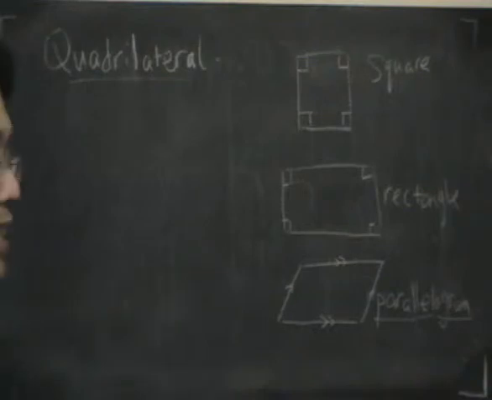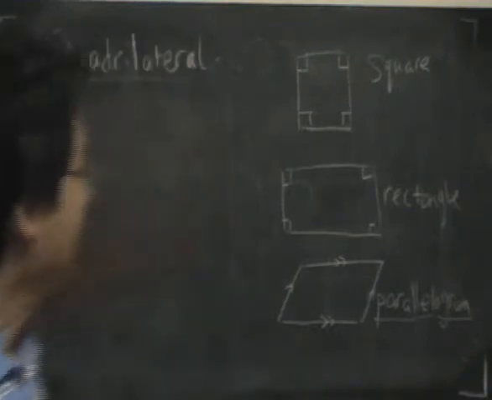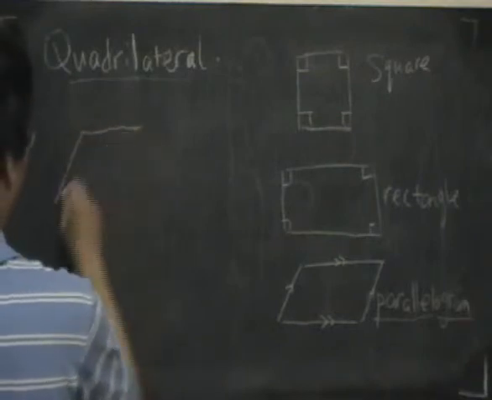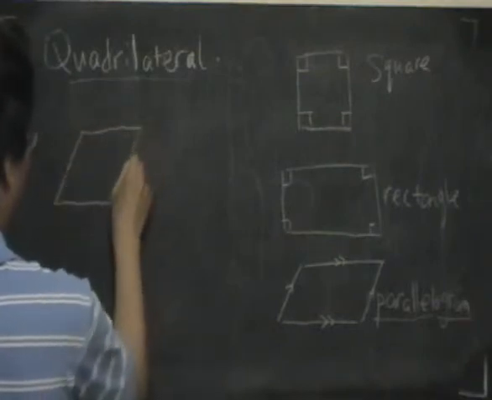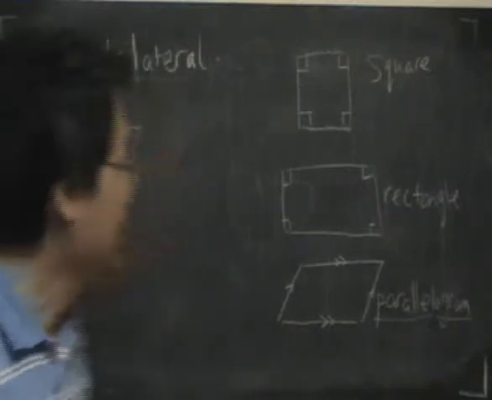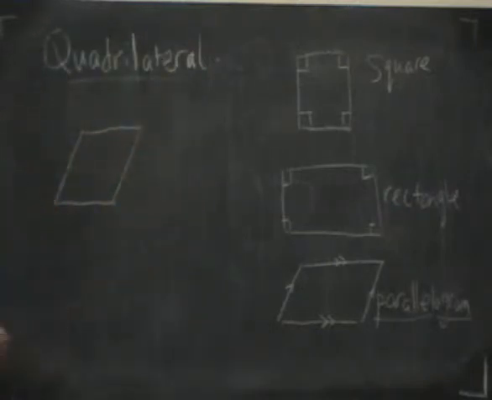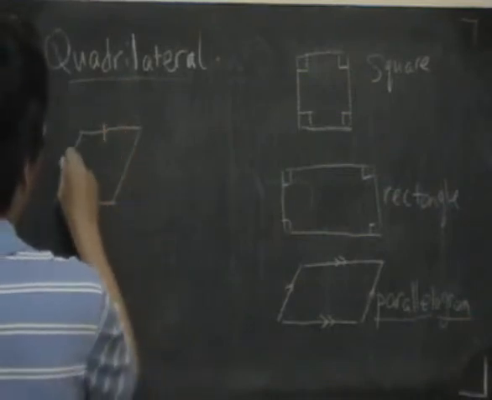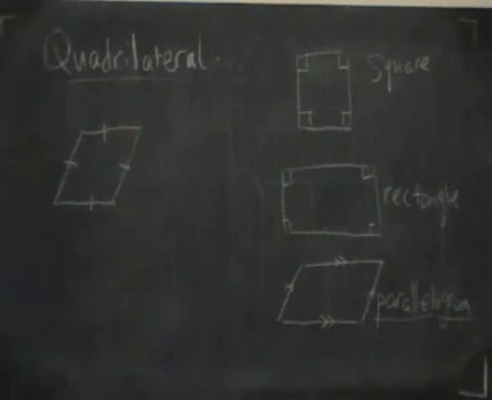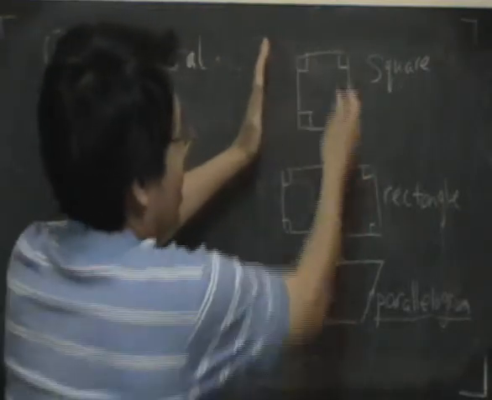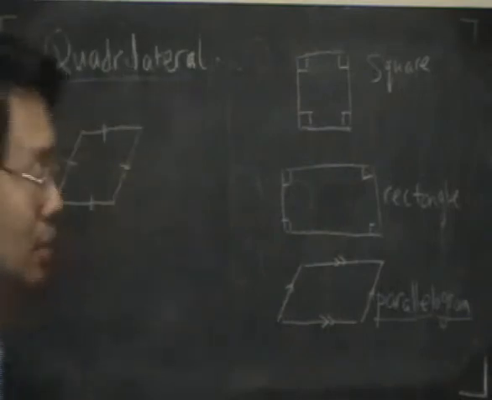Let's look at another figure. This one is like a parallelogram. It has all its sides equal. So it's like taking the square and tilting it a bit.